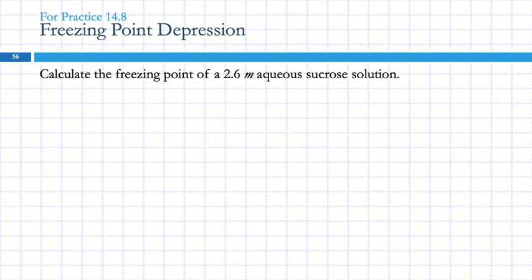So calculate the freezing point of a 2.6 molal aqueous sucrose solution. So 2.6 molal is the concentration, and we want the freezing point. Well, we just learned that the change in the freezing point is equal to the molality times the freezing point depression constant.